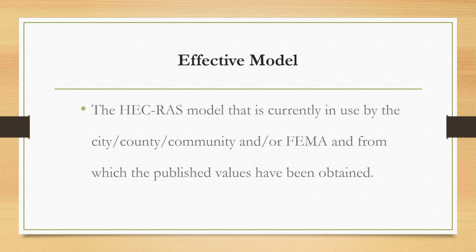The effective model is the model that is used by the city, the county, the community, and by FEMA, where the published values and the mapping comes from. So whatever's behind that mapping, whatever's behind those published elevations that everyone's using, that is called the effective model.